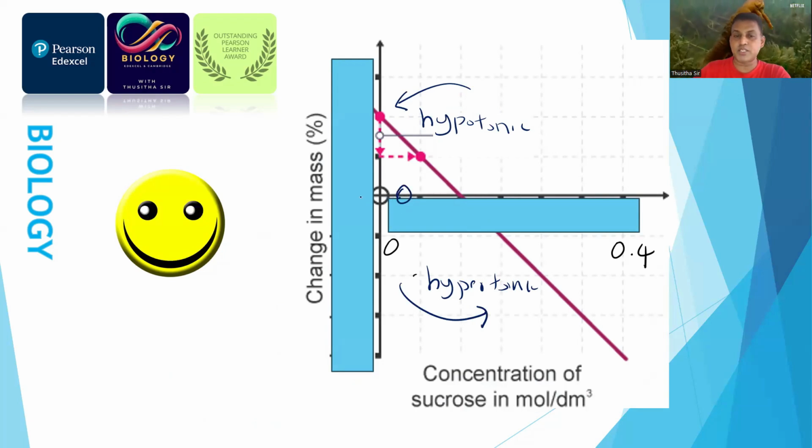That means no change is zero here. There's no change, that is zero. And this concentration belongs to isotonic. So then we can find experimentally the concentration of the isotonic solution. We have to do this experiment and plot a graph, and then we take this intercept as the value of isotonic concentration.